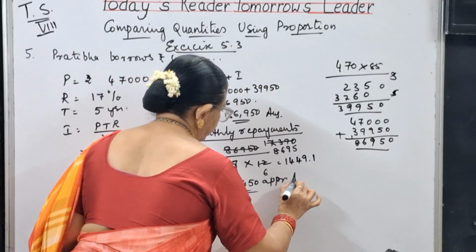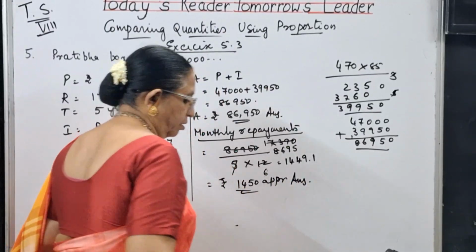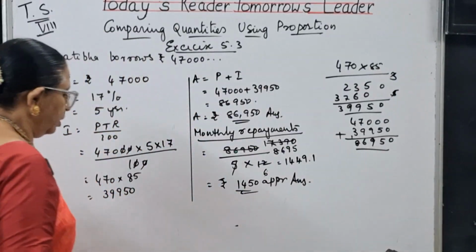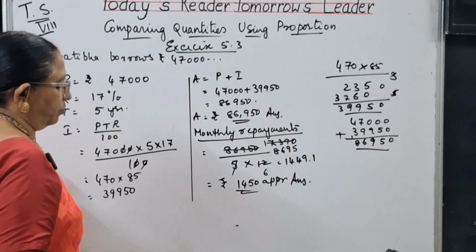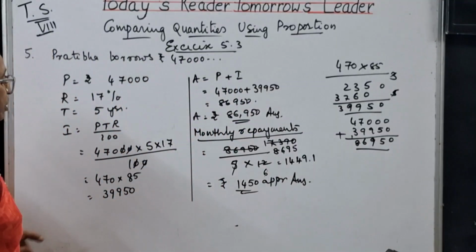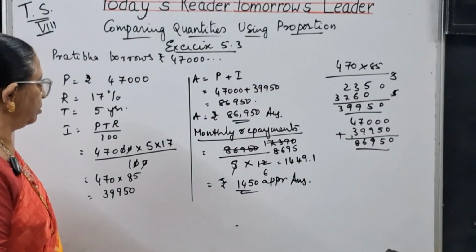This is the monthly repayment she has to pay. 1450 she has to pay every month to complete her payment for 5 years, children.